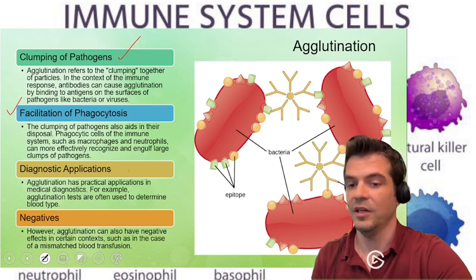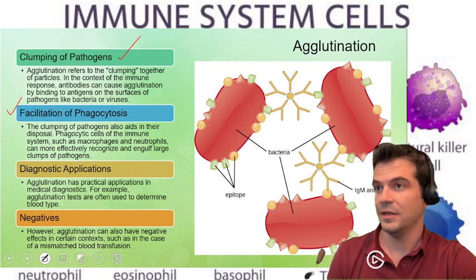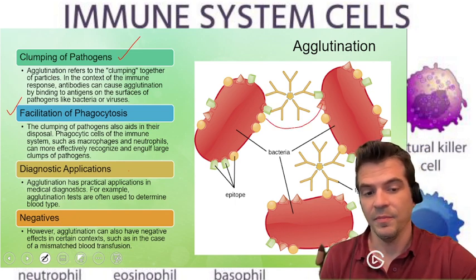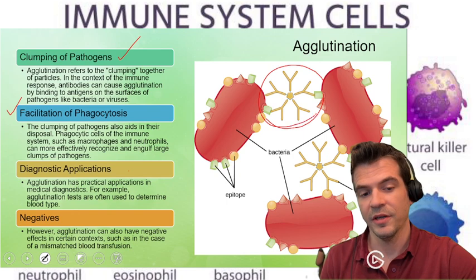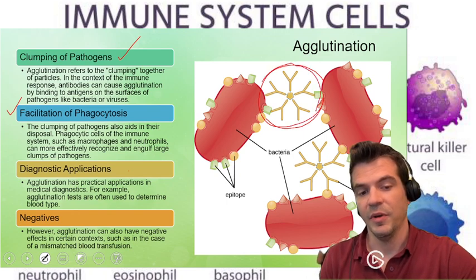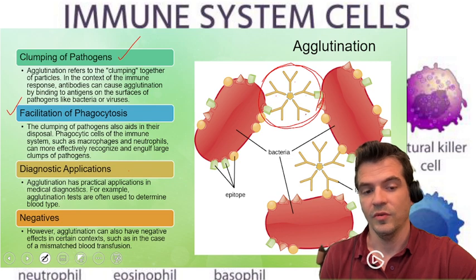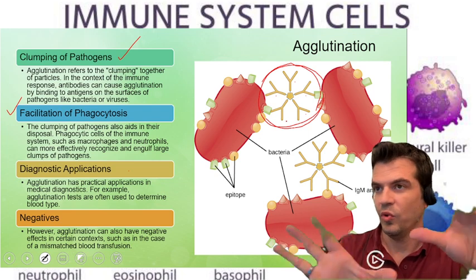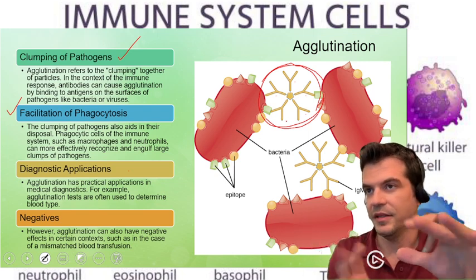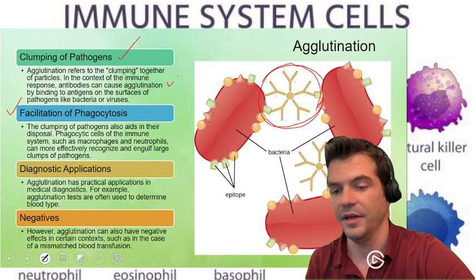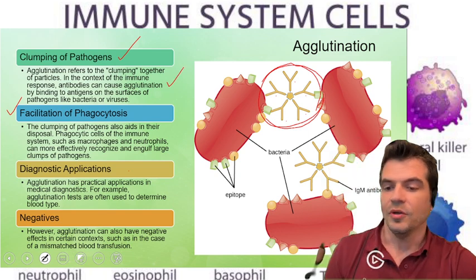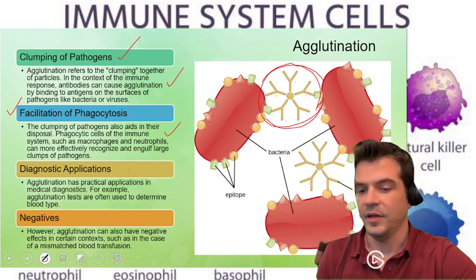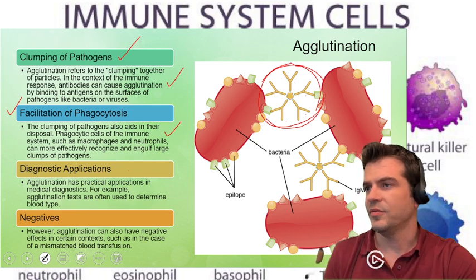And we're going to be clumping them together. And note in this example, we use IgM, right? The pentameric, it's a five, pentagon: 1, 2, 3, 4, 5. And that can really enhance the clumping effect that we see here. Okay, so that clumping, like I said, makes it easier for destruction.